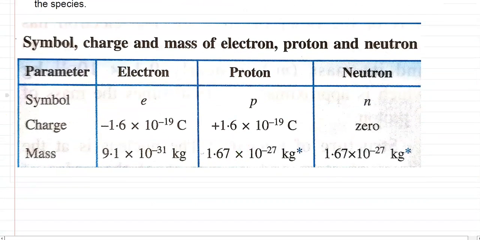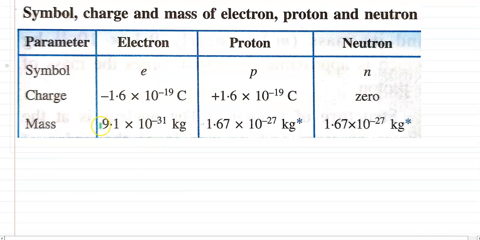So the parameters are charge and mass. Charge is described by the electronic charge, which is minus 1.6 times 10 to the minus 19 coulomb. The proton has the same charge but positive, and the neutron has no charge. The electron symbol is e, the proton symbol is p, and the neutron symbol is n.